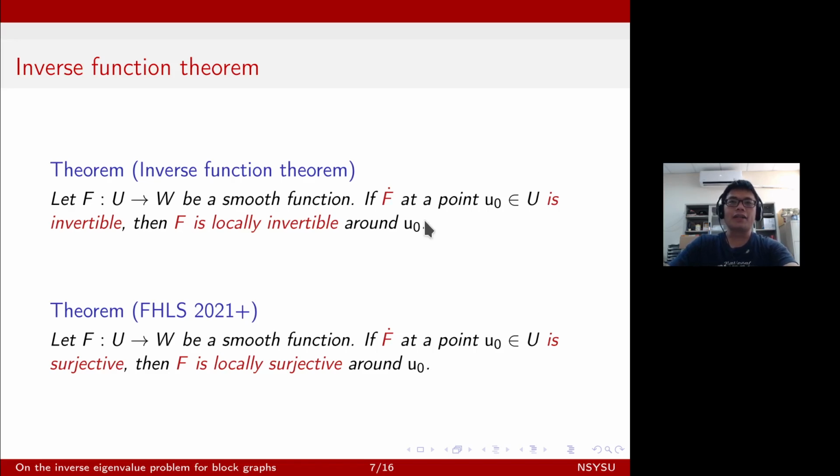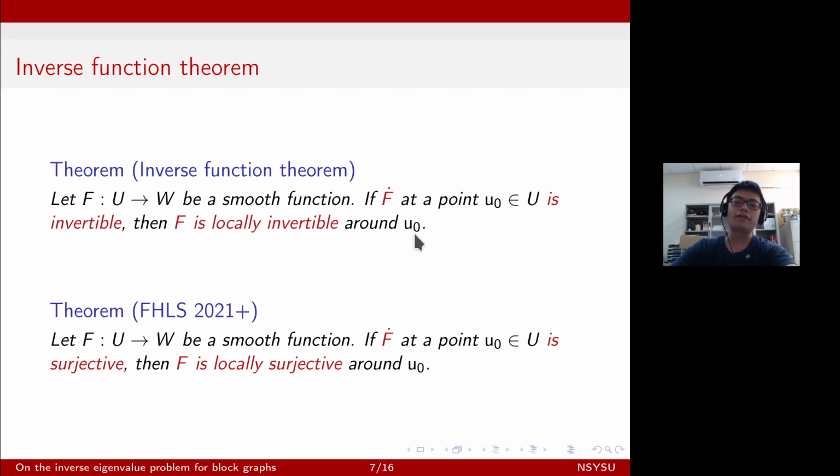On the other side, we need another tool, which is the inverse function theorem. Roughly speaking, it is the following. Let's say f is a smooth function. If f dot, which is a linear operator, is invertible at a particular point, then f is locally invertible around this point.